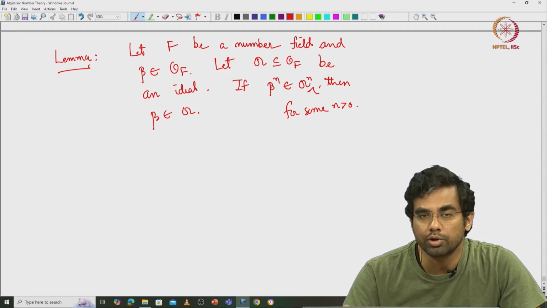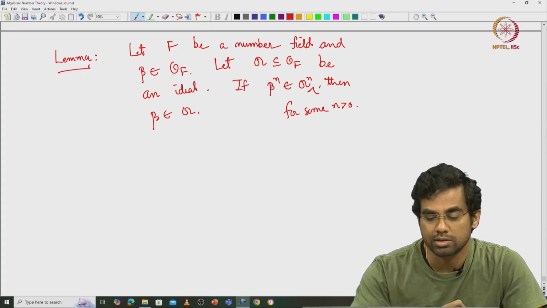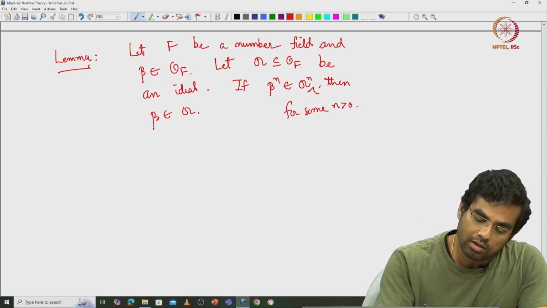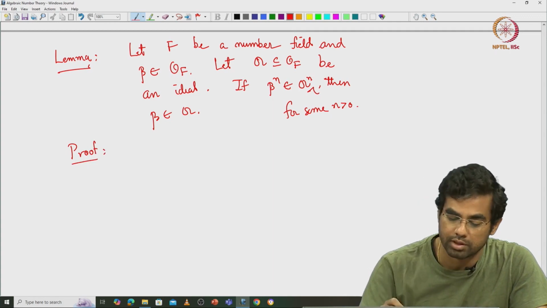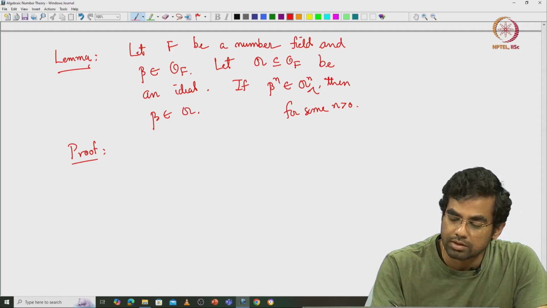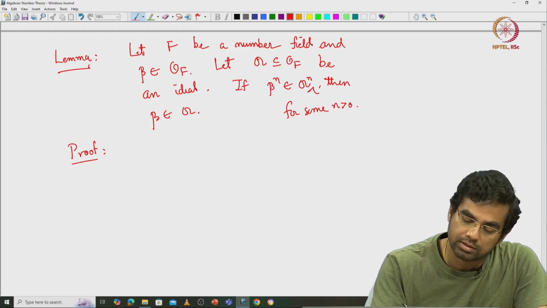You can have nilpotent elements in a general ring, and for a nilpotent element some power is 0, so it belongs to every ideal, but that does not mean that this element necessarily belongs to every ideal. The proof is simple, although it uses this powerful thing we proved about Dedekind domains. So, it is enough to do this for prime ideals.